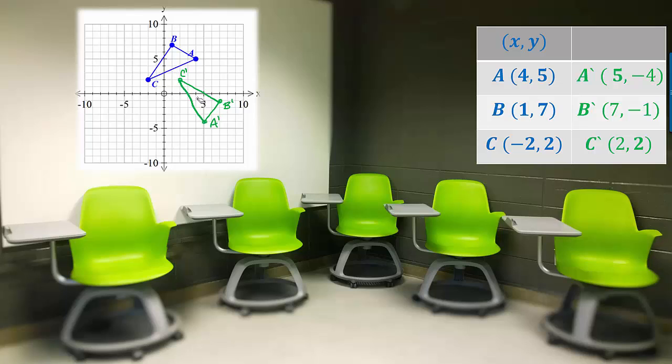Here you can see I've sketched the image after the rotation has occurred. And it has not gone 1/4 turn around or 90 degrees, because it would be here. 180 we know was all the way down here. So this has actually gone all the way around 3/4 turns. So this is a 270-degree counterclockwise rotation.